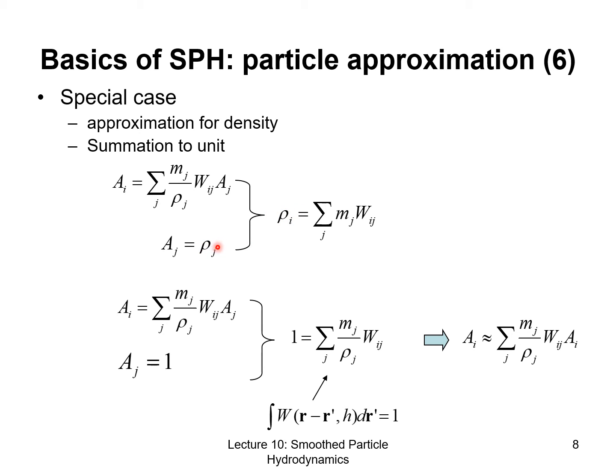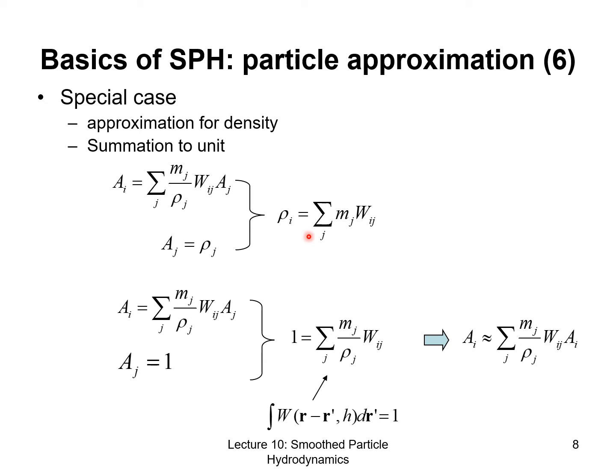But if you insert the particle density here, you can find that the volume element also has a density, so both densities will cancel each other. Then we have the density approximation in SPH. It's basically equal to the summation of all kernel values times the particle's mass. Then that is the density of the flow.